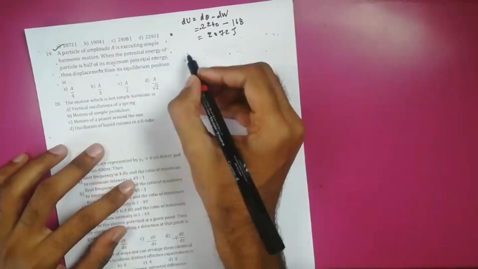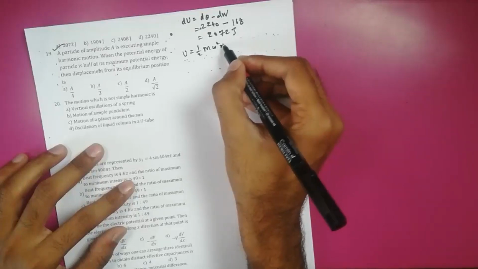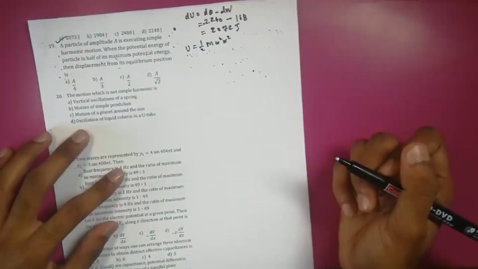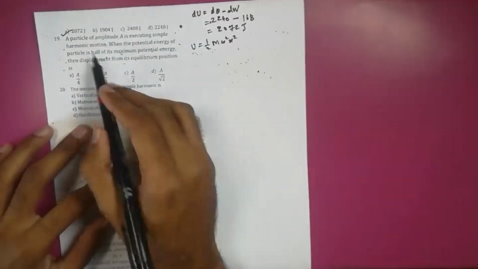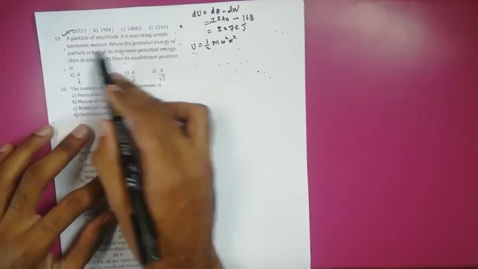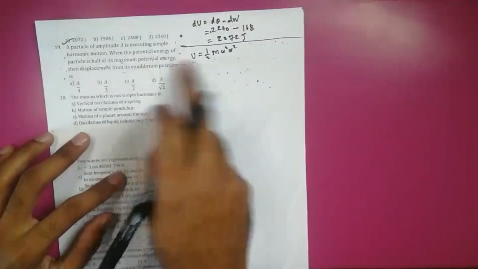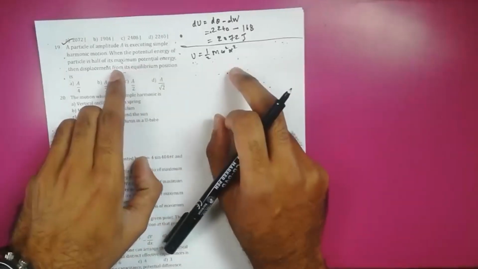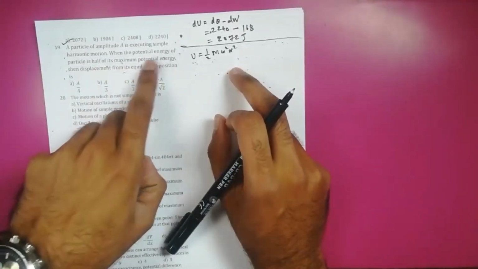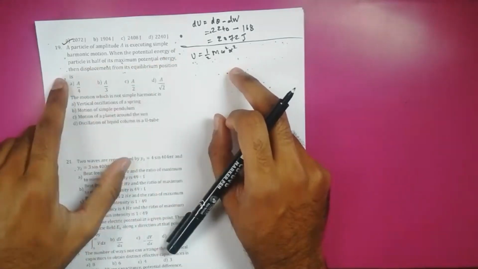Now the energy of the particle is half of its maximum potential energy, then the displacement from its equilibrium position is. The maximum potential energy is half m omega square a square. Let's say the maximum amplitude can be a, and the displacement can be x, right?